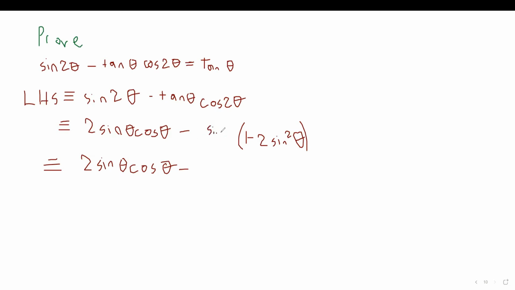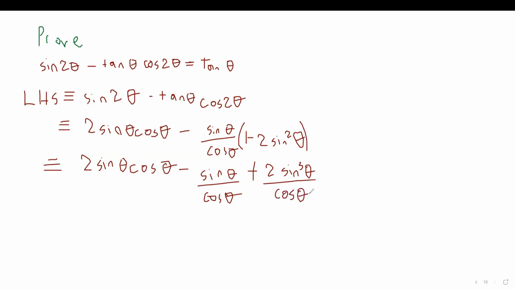If I expand this in, I would have minus and minus become plus. That will become 2 sine squared times sine, which is 2 sine cubed theta over cos theta. That's what I end up getting.